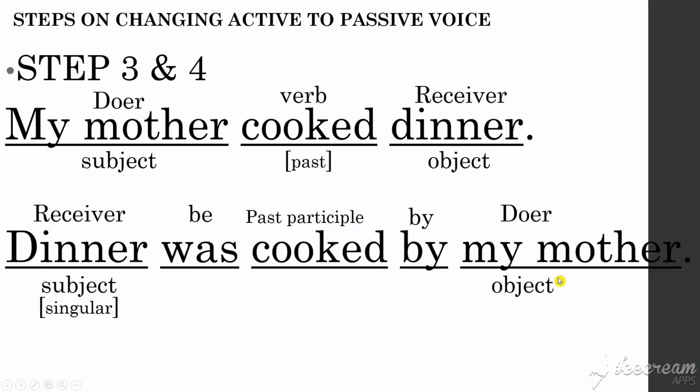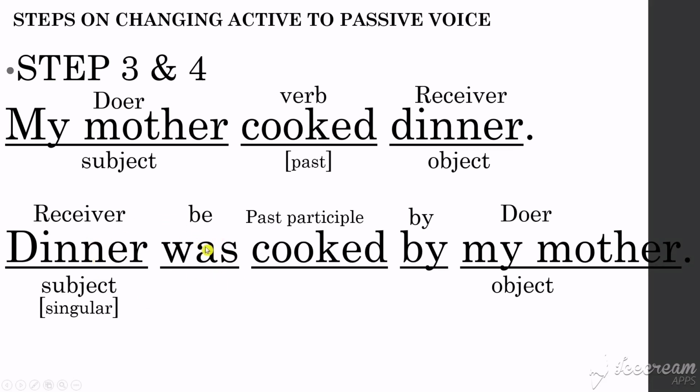What if the tense of the verb in the active voice is in past tense? My mother cooked dinner. It only means that the be verb in the passive voice will be changed. So dinner was.